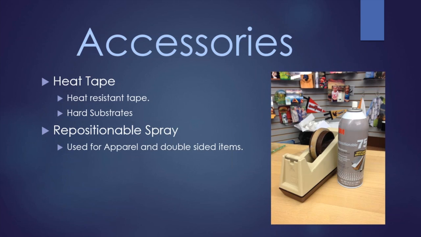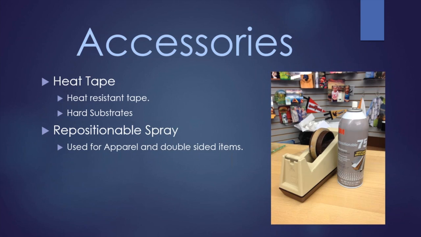So the issue with apparel is that you can't really tape down a shirt. You can try to tape down the edges, but the center of it's still, because it's a t-shirt, it just picks up and drops down. So when you release your press, it creates this vacuum effect. And what happens is your t-shirt picks up in that middle and drops down.